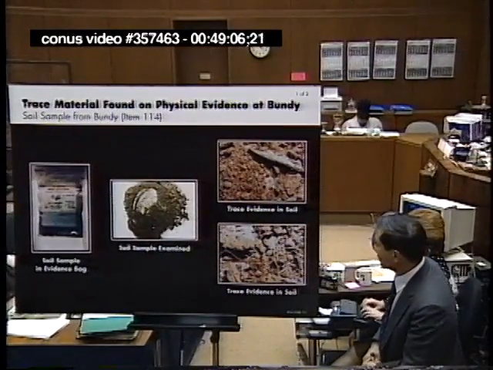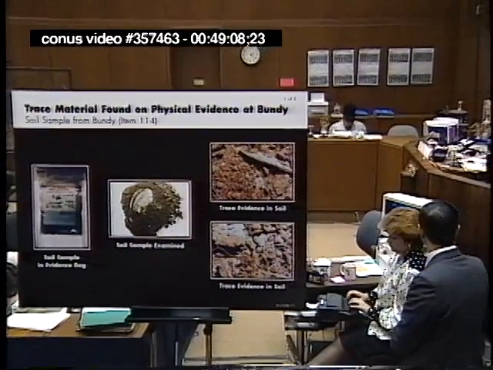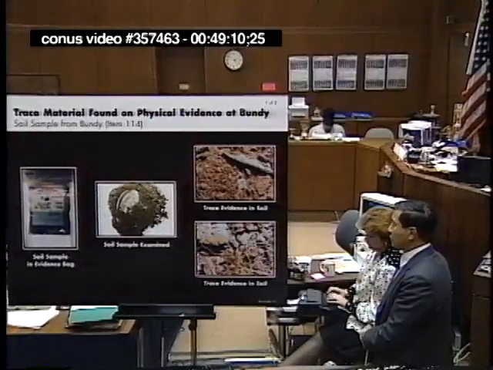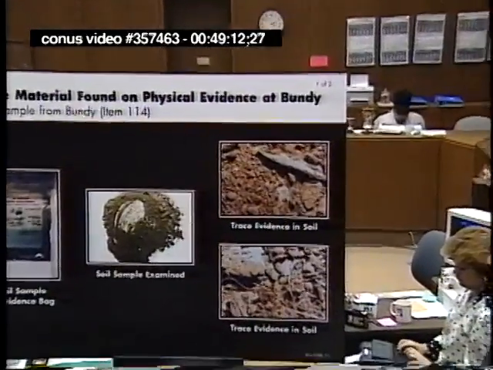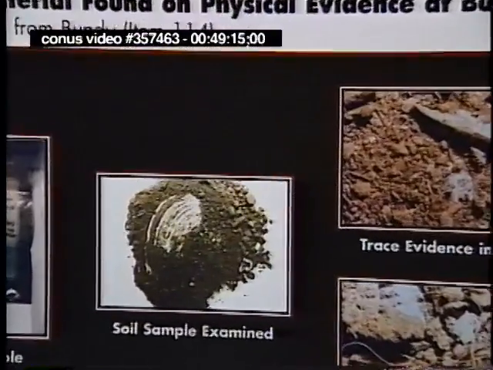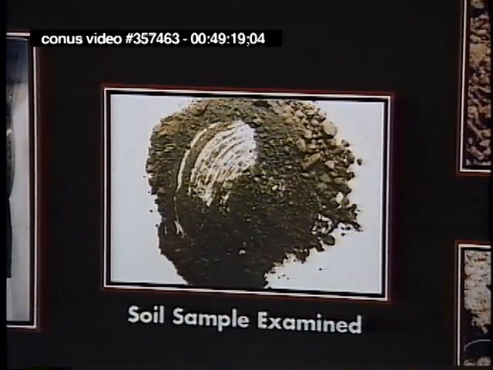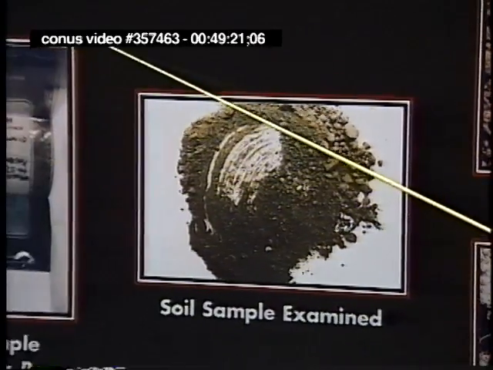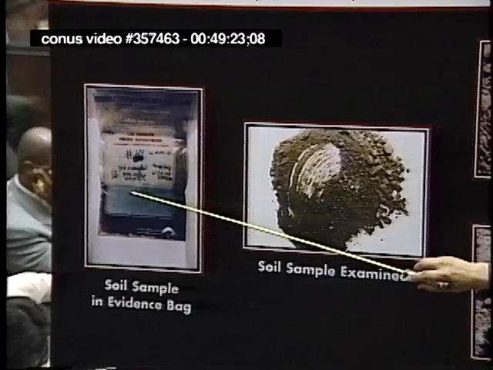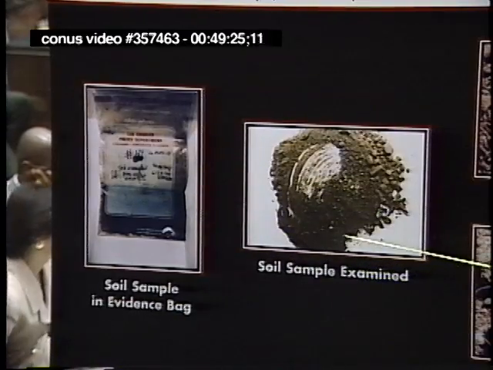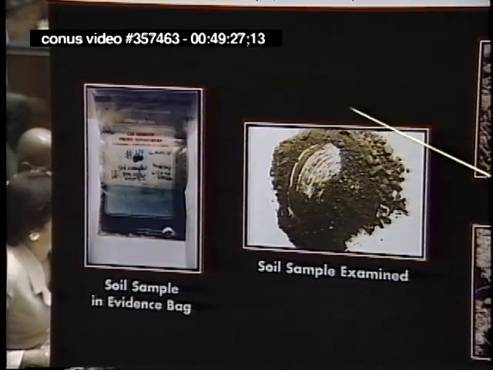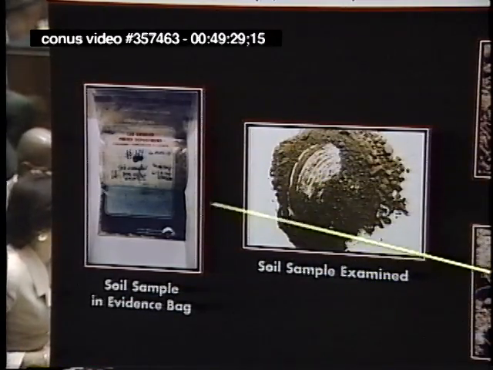What is depicted in the central photograph indicating soil sample examined? On March 4th, 1995, when I examined this sample, I put a piece of clean paper down and removed the soil debris from this envelope.